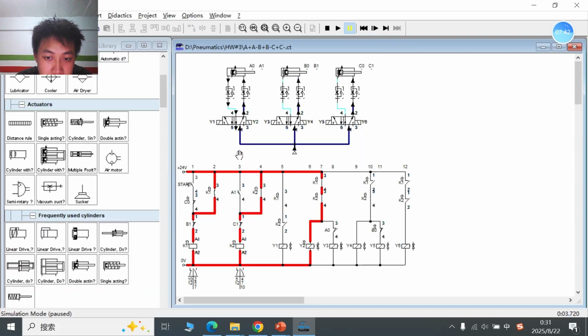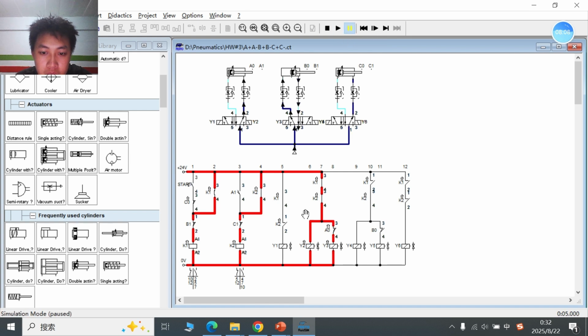So we can see when we reached the A1 signal, Y2 will work. So let's continue.